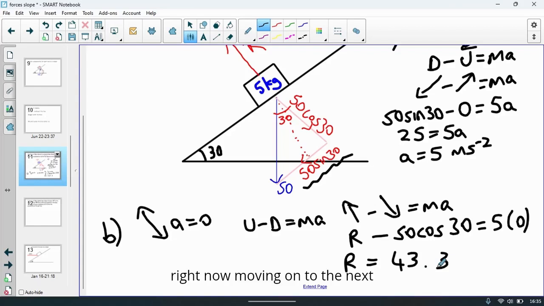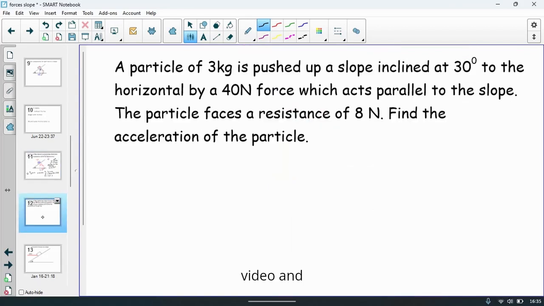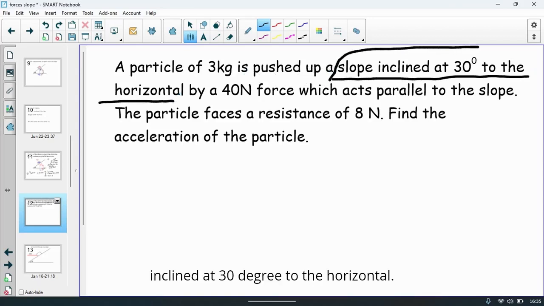Right. Now moving on to the next one. Again, pause the video and write it down, and then we will go through it. The first thing you do when you get a worded question is look at the surface, what kind of surface it is, right? They're telling you a particle is pushed up a slope inclined at 30 degrees to the horizontal.